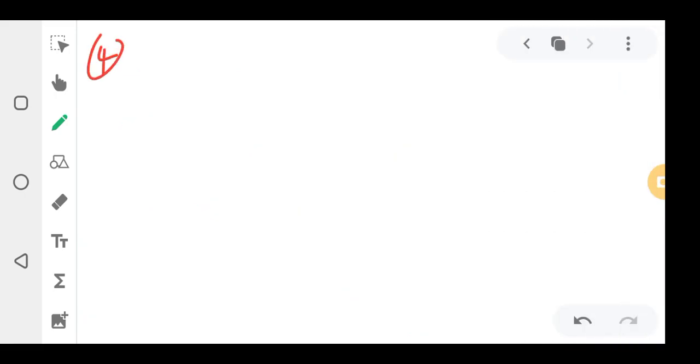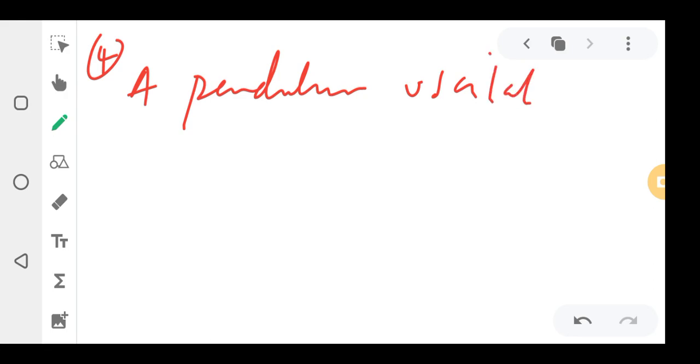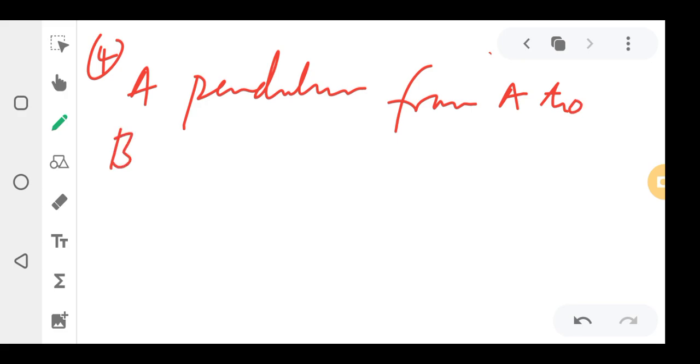Lastly, a pendulum oscillates from A to B in 5 seconds.